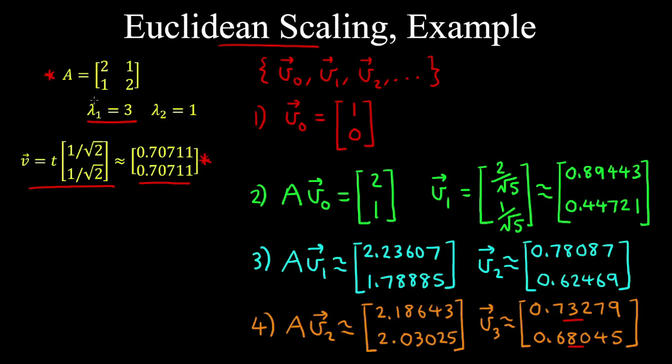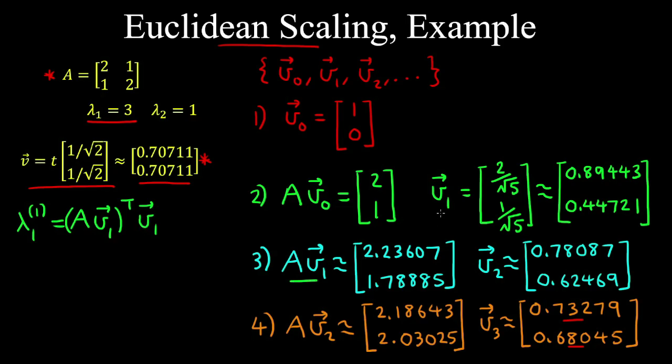And now we'll approximate our dominant eigenvalue. So using the first iteration, we have AV1 dot V1. That's the same thing as taking the transpose of this vector and multiplying it by this vector.